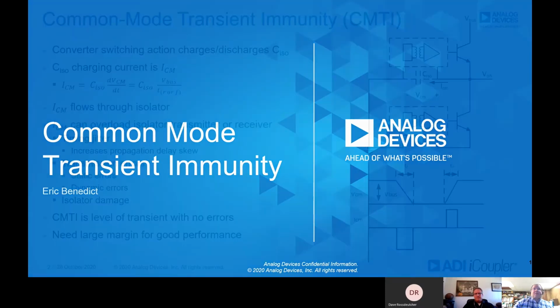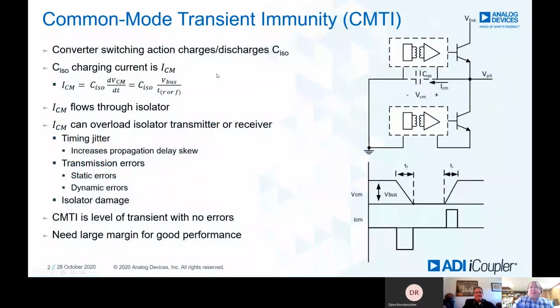Sure, Kirk. Common mode transient immunity is the ability of the isolated gate drive to reject the disturbances that happen when the power converter is doing normal switching action. When the converter turns on a high side or low side switch, the switch node moves between the bus and the minimum voltage, either 0 or negative.